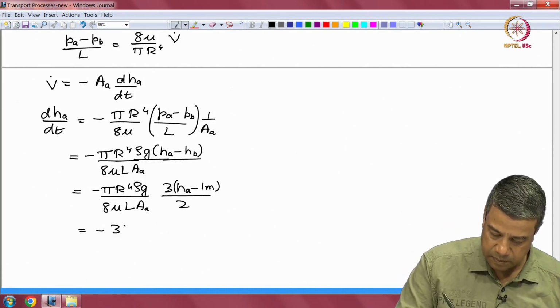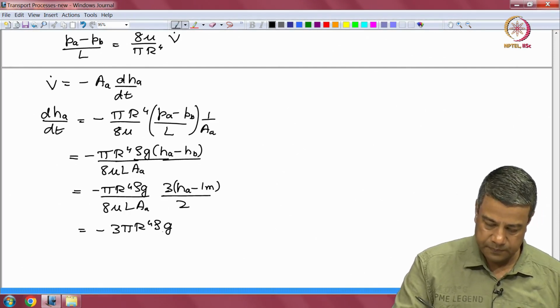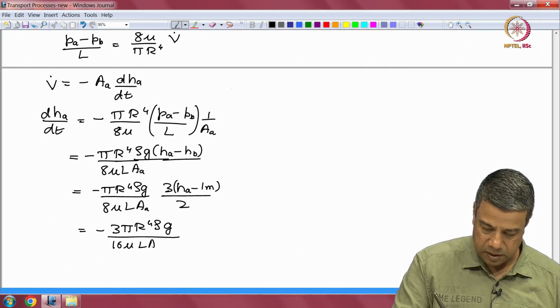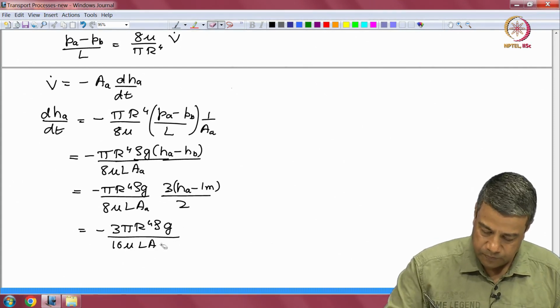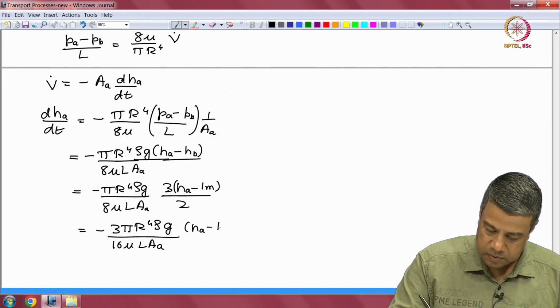Minus 3 pi r power 4 rho g by 16 mu L AA into HA minus 1 meter.